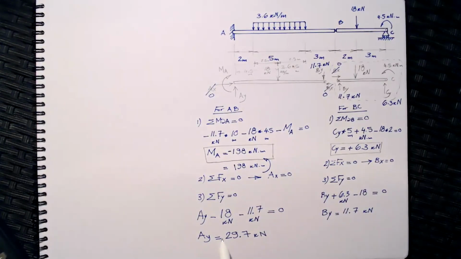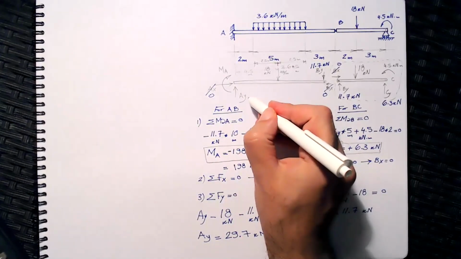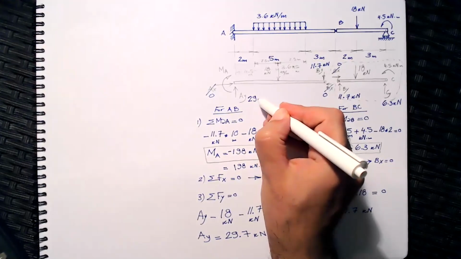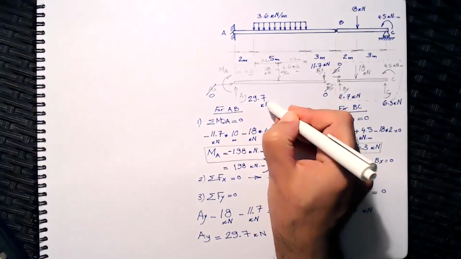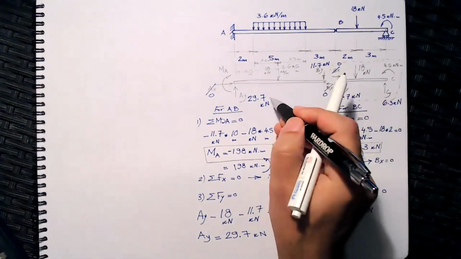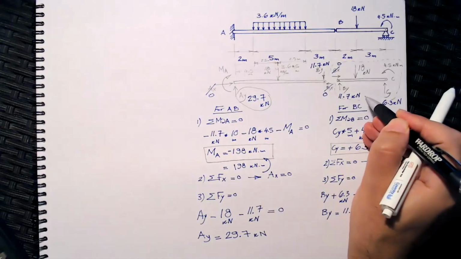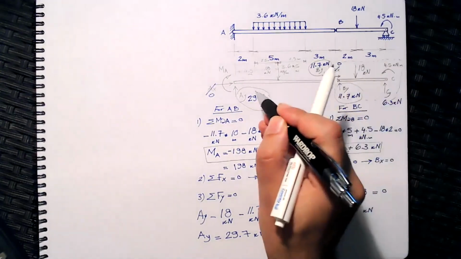So what does the positive mean? That means this assumption is right. So this means that AY is 29.7 kilonewton.